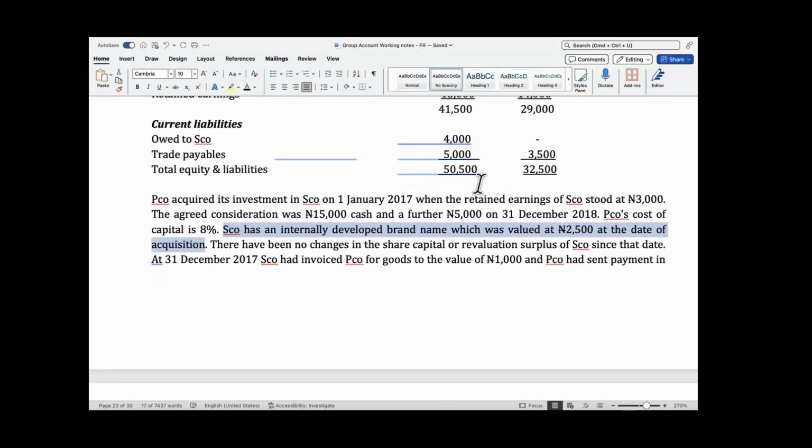It's internally developed, so they will not recognize it in their book. Why? Because it's internally developed. So which standard says you should not do that?